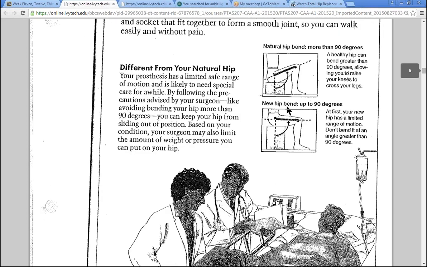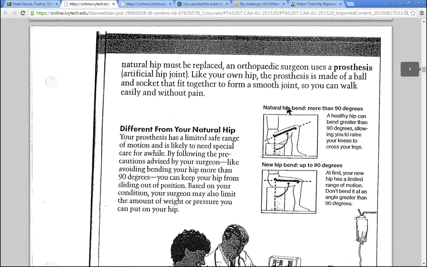So the things that you're not allowed to do afterwards are motions that cause the hip joint to move posterior and lateral, because we cut through all of those things to get the implant into the body. So any arthrokinematic motion that would cause the head to go posterior and or lateral would be avoided.